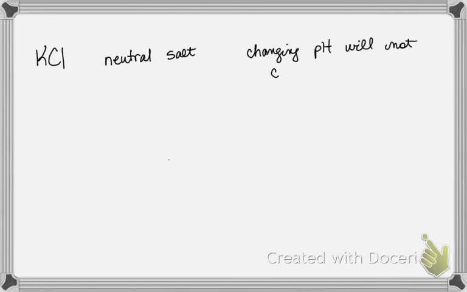Potassium chloride can be formed from potassium hydroxide and hydrochloric acid. Both of those are strong. That means this is a neutral salt. That means changing pH will not change the solubility. For any neutral salt, changing the pH will not change the solubility. Okay?